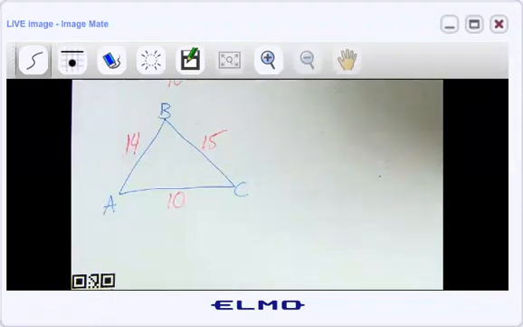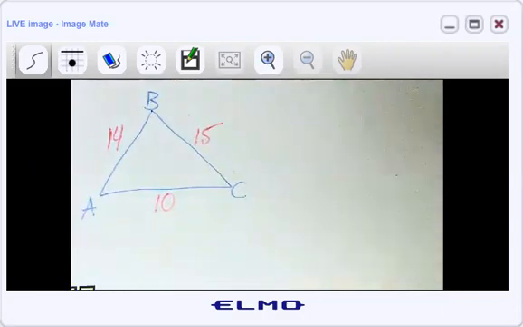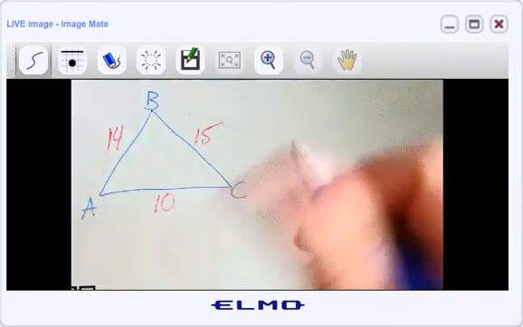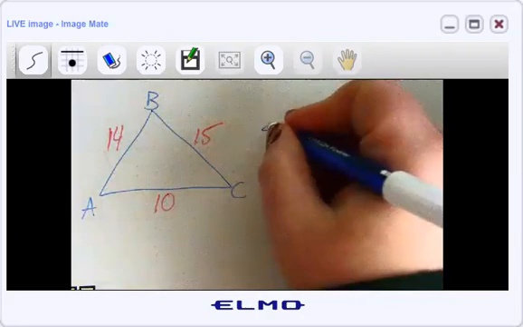Megan. A. I'm going to have to disagree with you. I want the smallest angle, so it's got to be across from the smallest side. Oh, B. Yes. B. So B is my smallest angle.